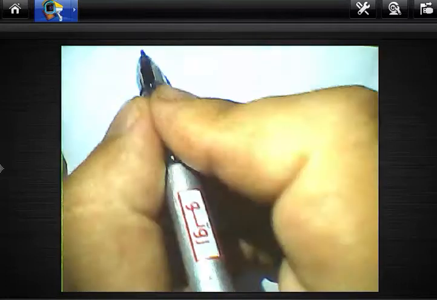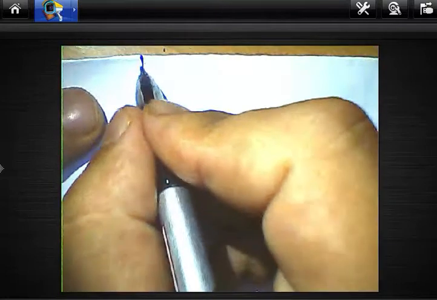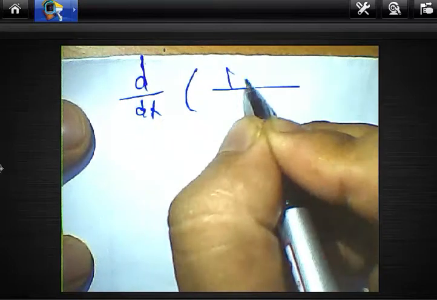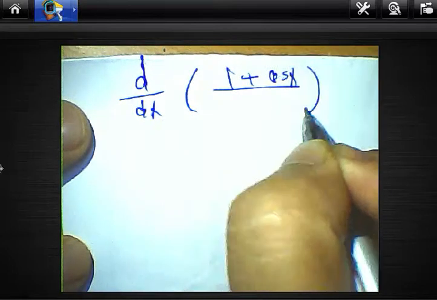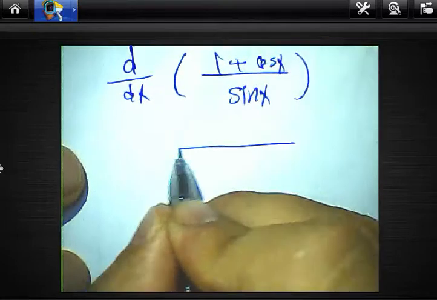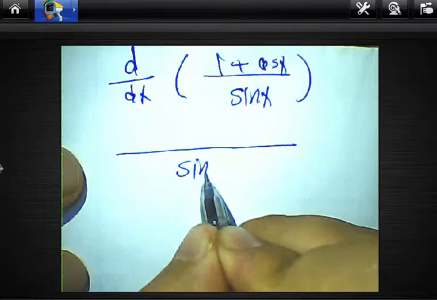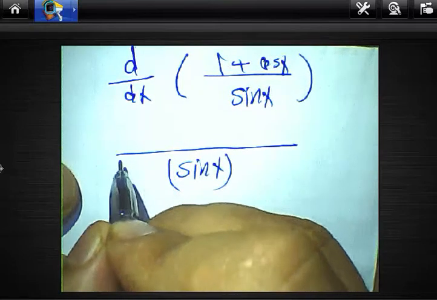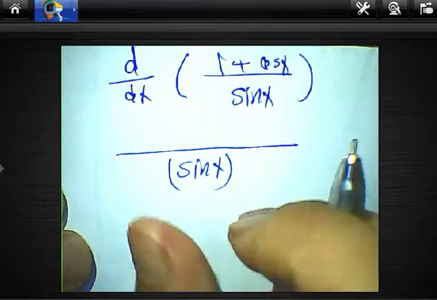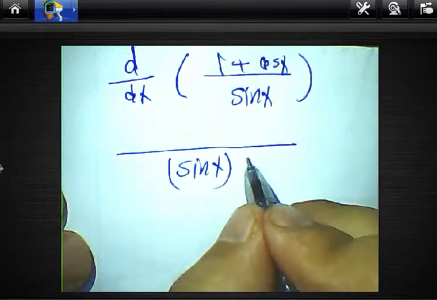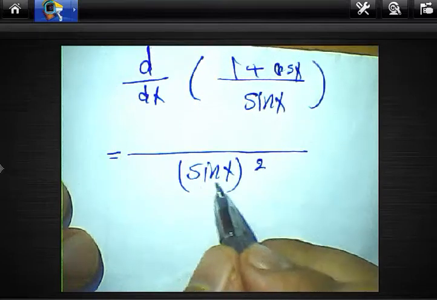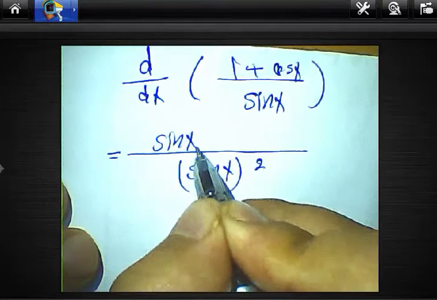You want to find the derivative about this function. The function here is 1 plus cosine x over sine x. First we can find the derivative about the function. What would it be? We can find this denominator power 2. The derivative will be this denominator power 2, and we can write down here subtract.